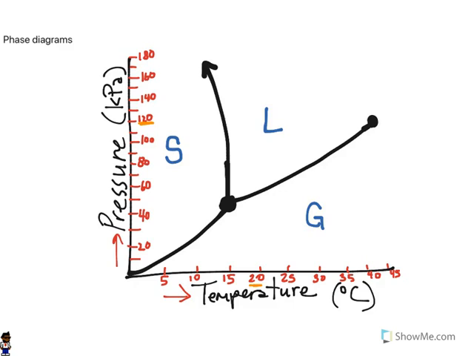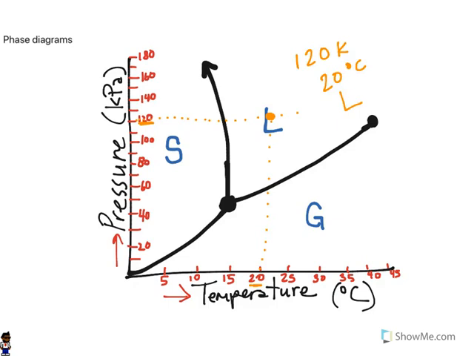Very good. You should have said, okay, 120 keeps going like this, and 20 keeps going up like that. So that is a data point right here. At 120 kPa and 20 degrees Celsius, this substance exists as a liquid.